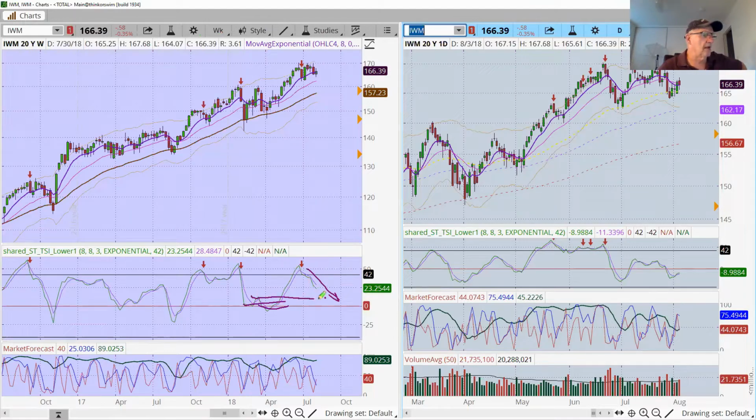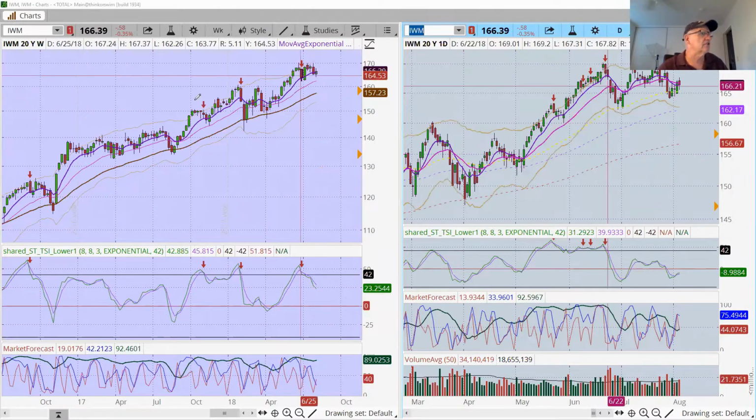Actually, this old high here would be a potential level where it could bounce off of and move higher, or anything down below the zero line. This is showing what's happening with internal momentum. As long as it's headed down, longer term, there will be an overhead cap going on here on IWM, and we would expect some additional pullback. And so that's what we're looking at.